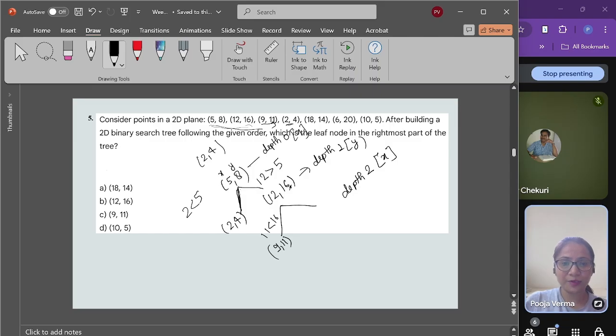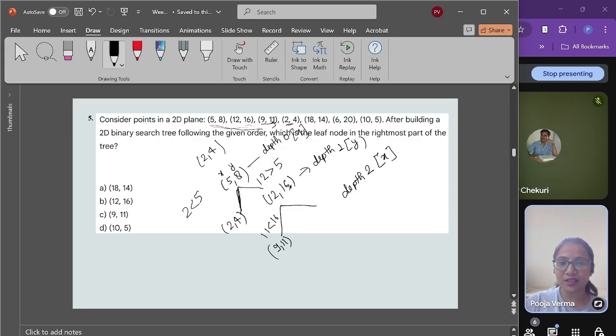First we will compare the x coordinate. 18 is greater than 5, so it will again go to the right side. Now in the right side we have to compare with the y value.